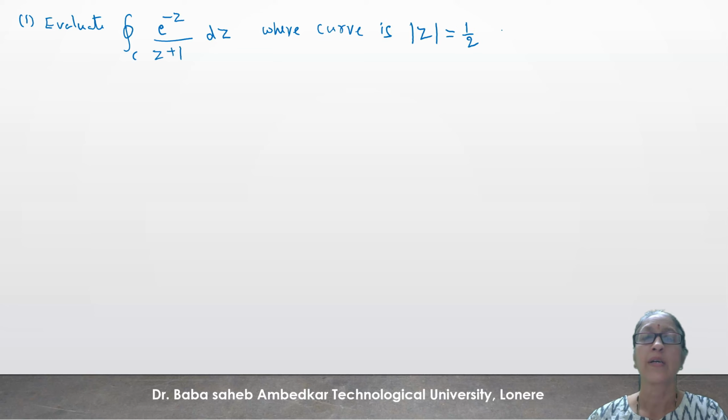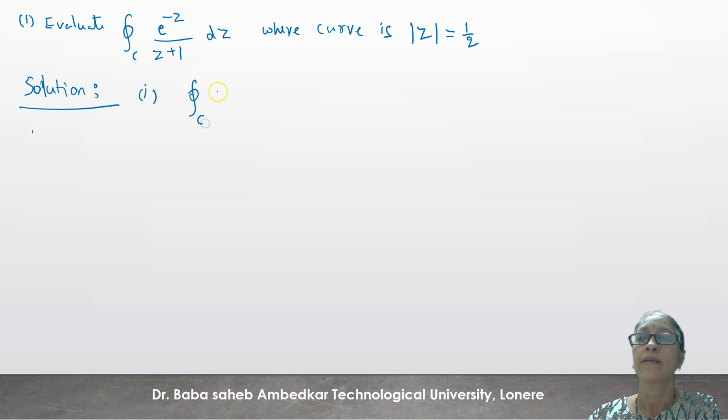This is the given curve. Mod z equal to 1 by 2 means this is a circle with center at the origin and radius 1 by 2. Here step 1: given integral is contour integral of e power minus z by z plus 1 dz.